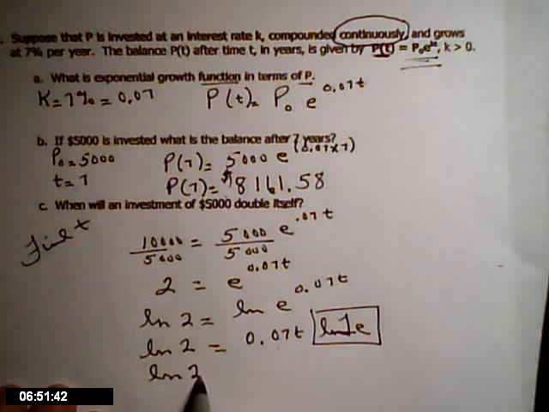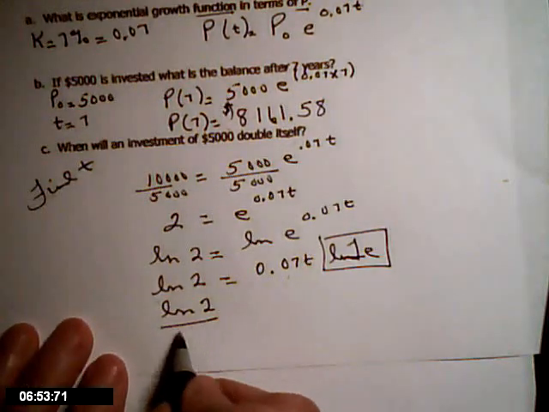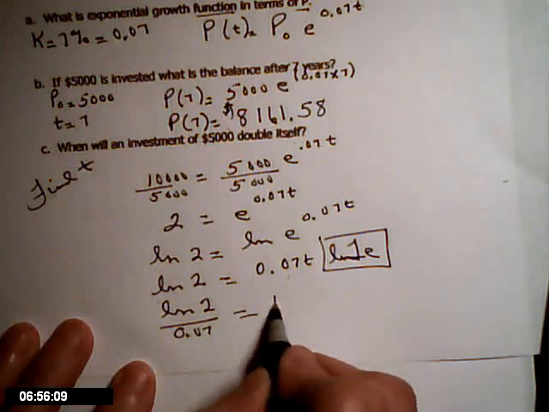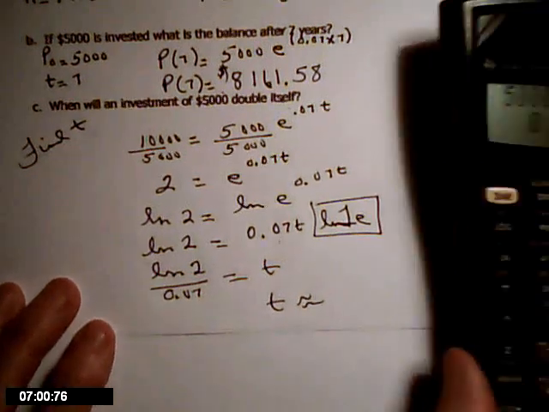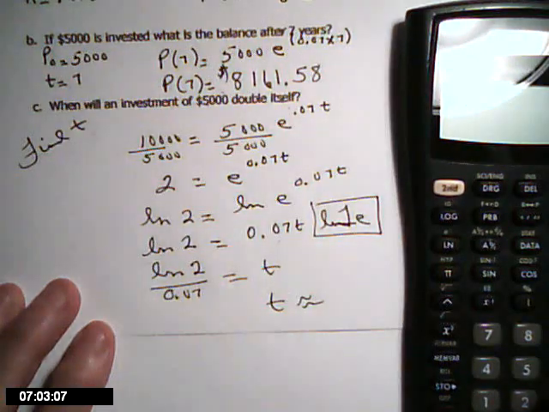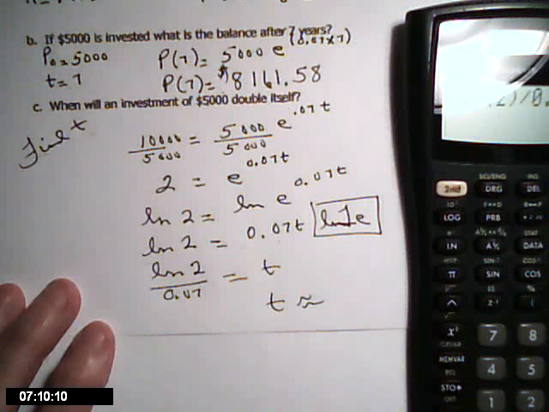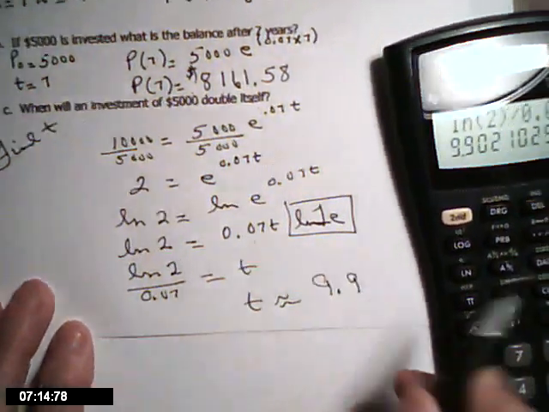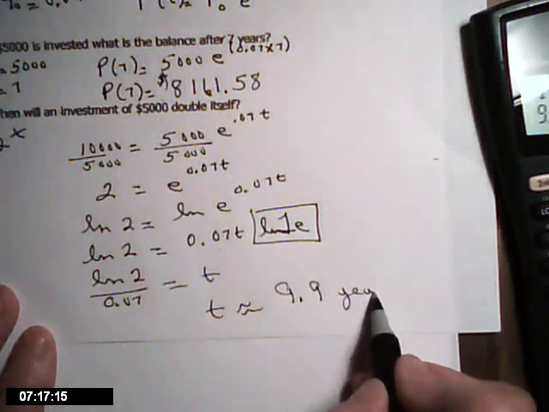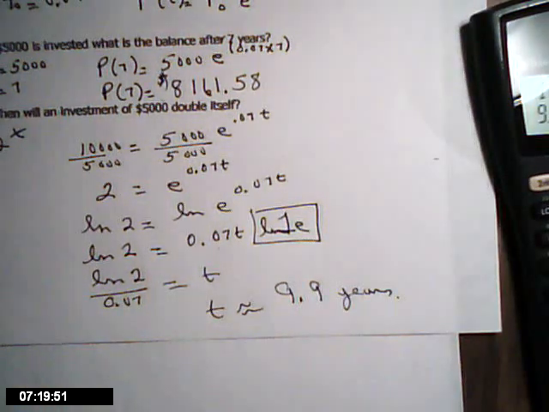So I'm going to have natural log of 2 divided by 0.07 is going to be t. Now I'm going to go to my calculator and say natural log of 2, close my parentheses, divided by 0.07, and I get 9.9 years. Okay, compounding continuously. This is when you're going to use the formula with e.